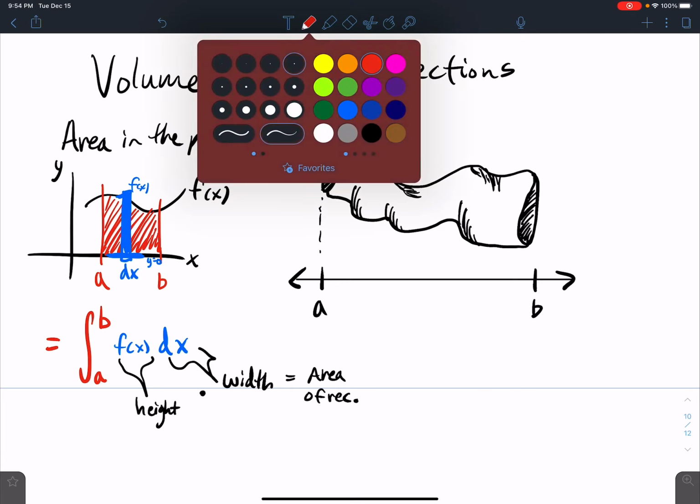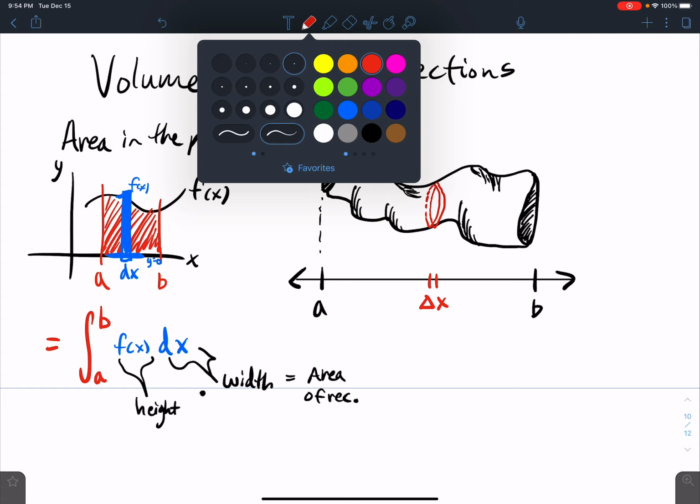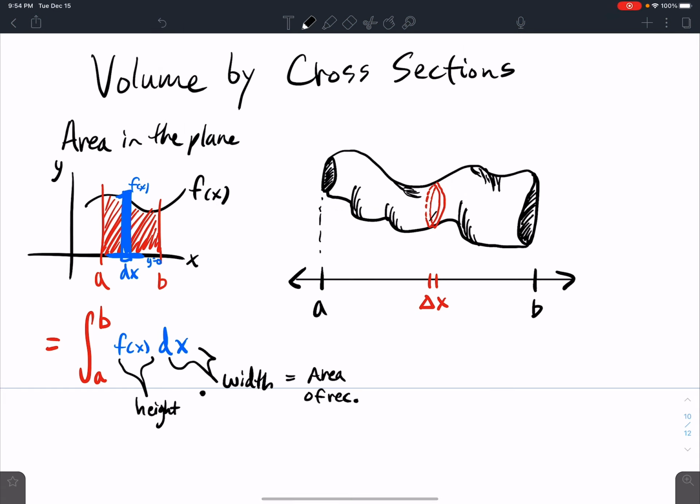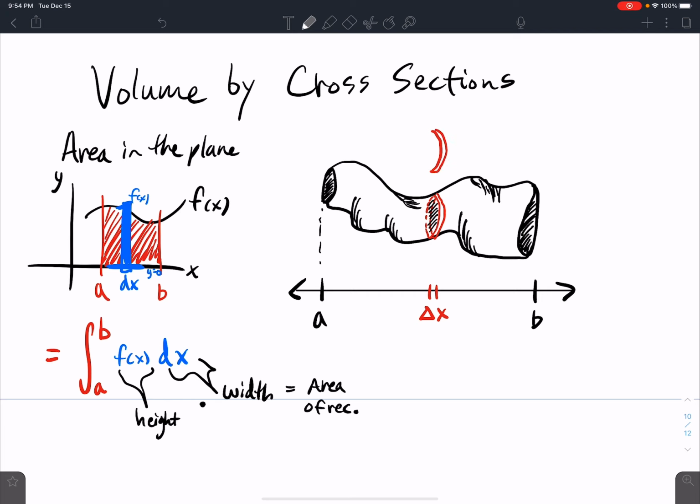And I'm going to make a cross section in the middle of it. And so this cross section, this delta x width, I'm going to cut out this piece here. And it turns out that these cross sections are tiny little cylinders. All right, so you can kind of see if I take that cross section out, it looks like this.